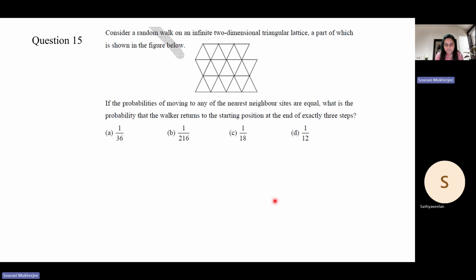At each step the number of possible steps you can take will reduce, because you have to come back to the starting point at the end of 3 steps.